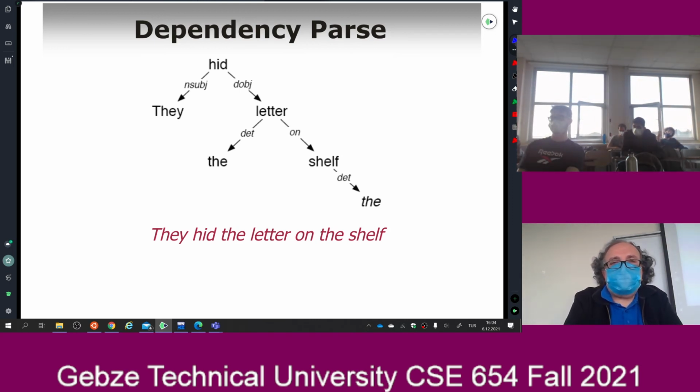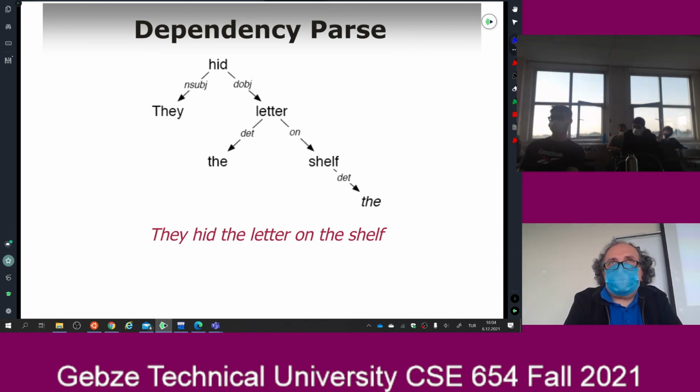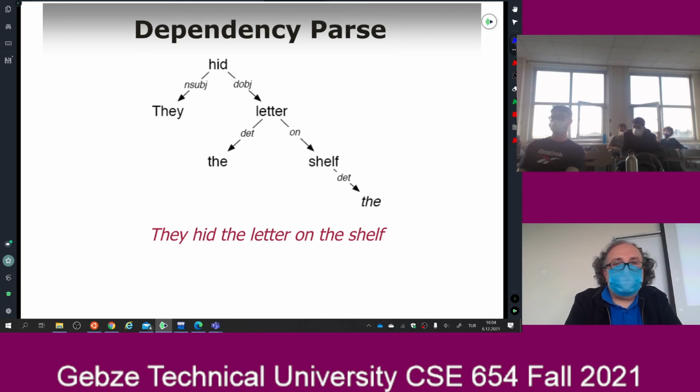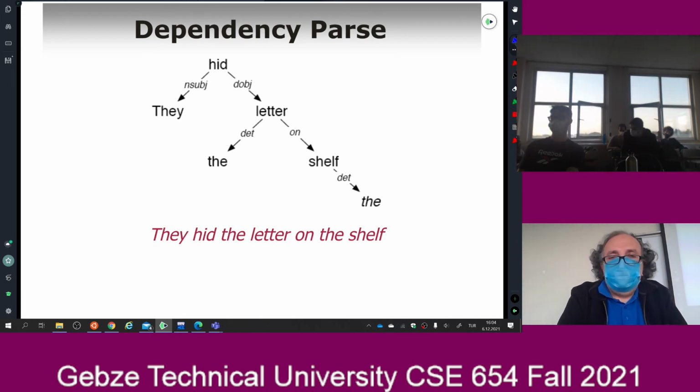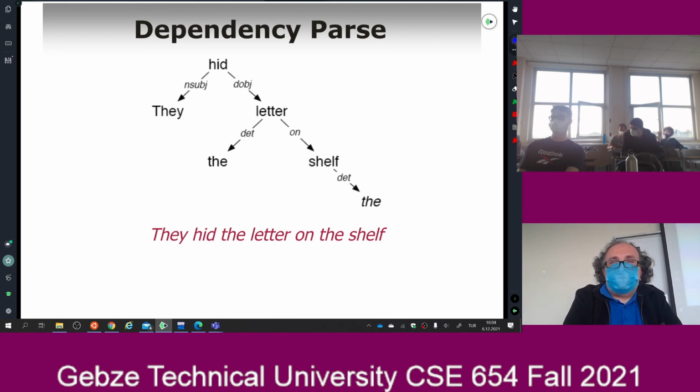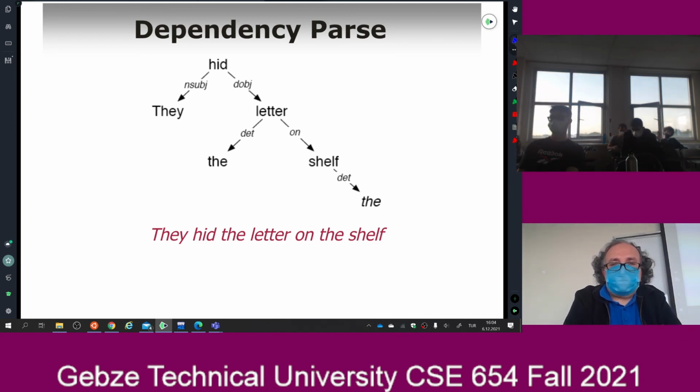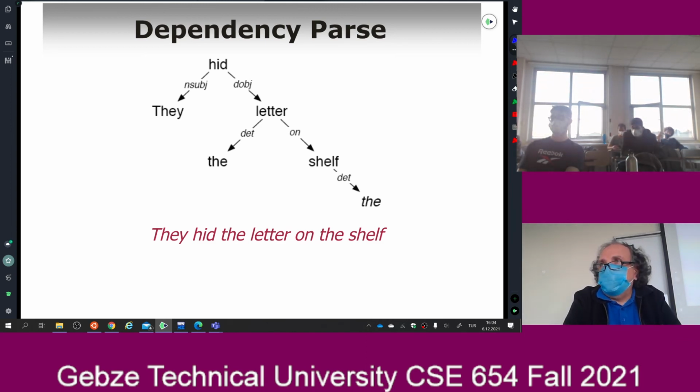Nominal subject will be ben, or maybe it is hidden here a little bit, and then direct object is okula, etc. So it doesn't matter how you say all those words, this dependency parser will produce almost the same thing.